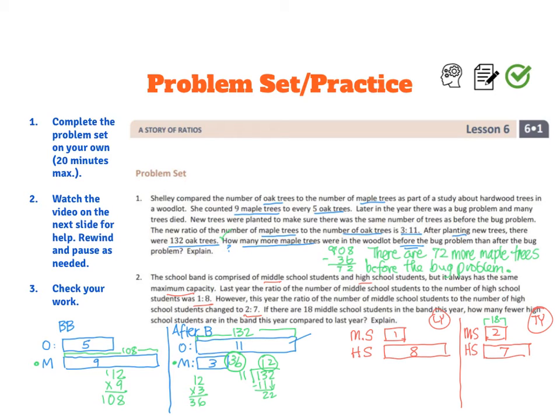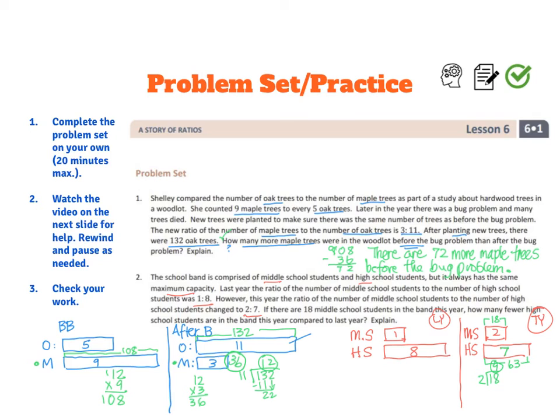And then I've got a comparison: how many fewer high school students are in the band this year compared to last year? These are a little bit more complex. So I know that 18 divided by 2 gives me 9, so each unit is equal to 9. Then 7 times 9 is going to be 63.